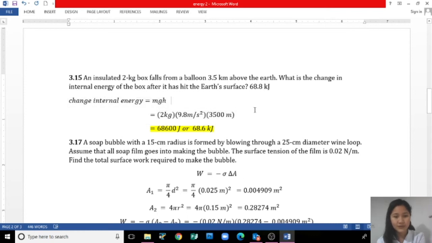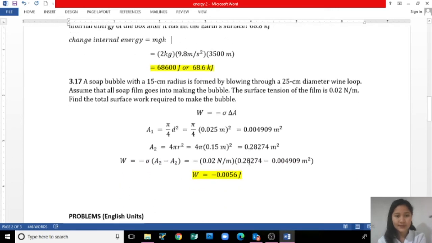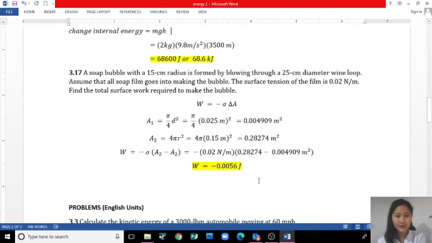So performing the operation, the change in internal energy therefore is equal to 68,600 joules, or 68.6 kilojoules. Next is problem 3.17.